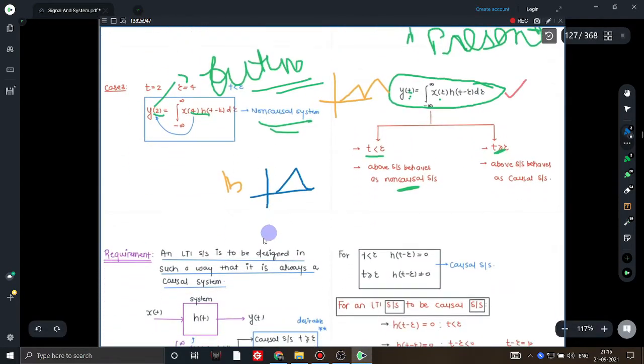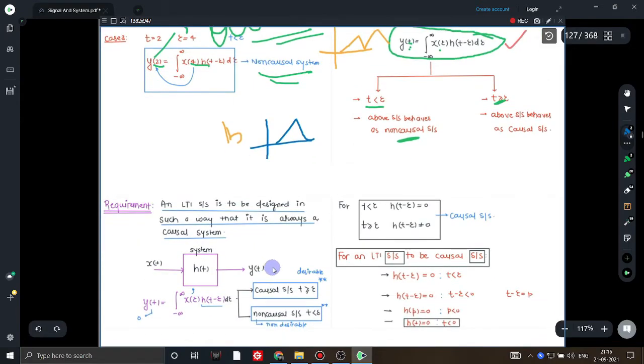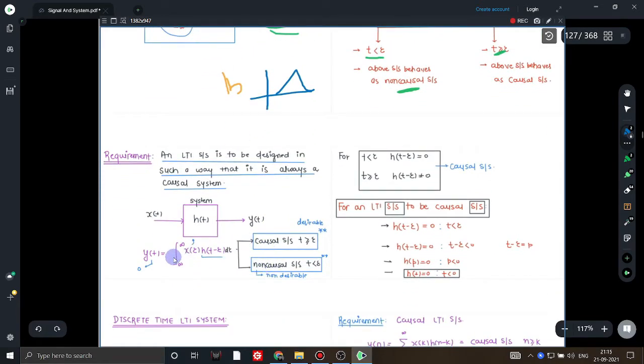So the main condition that we have to remember for our examination is that an LTI system is to be designed in such a way that it is always a causal system. How? See this equation, this is a convolution equation.